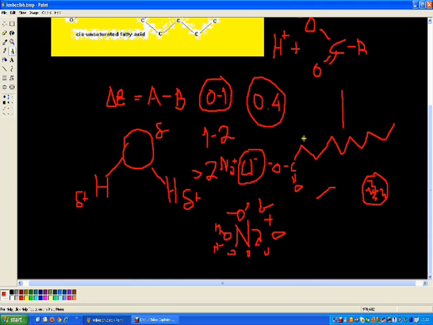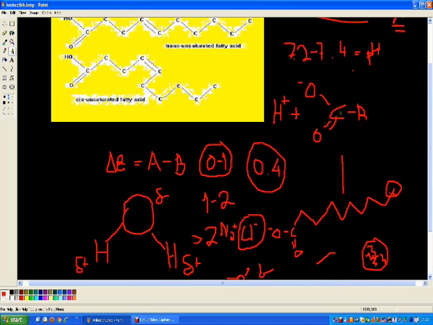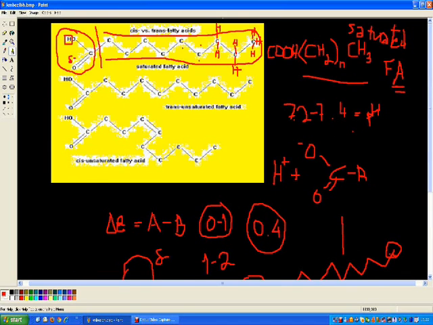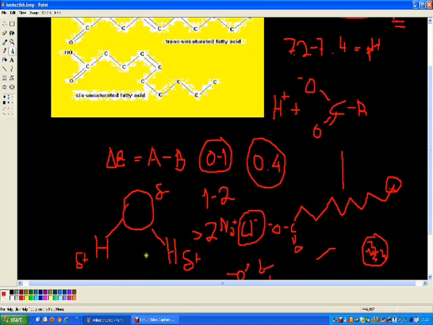And each vertex is going to be CH2. So here's CH2, CH2, CH2. At the end, CH3 right over here. That's a quick way of representing saturated fatty acids.